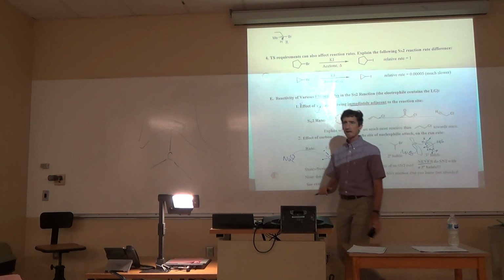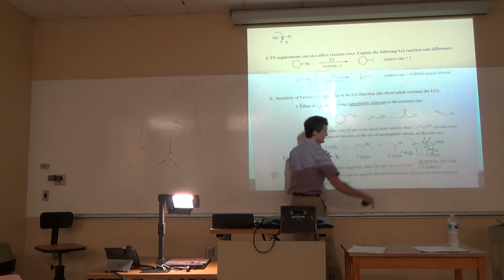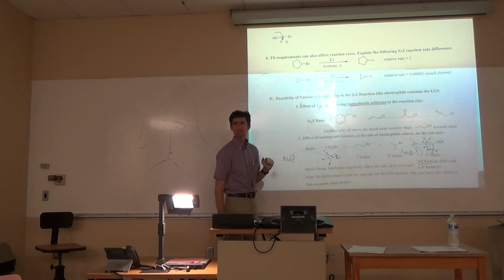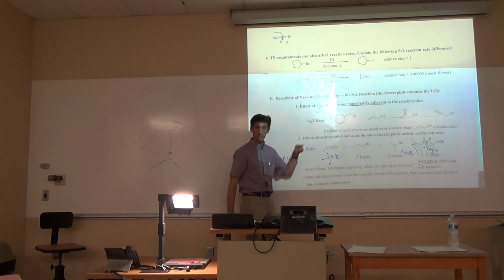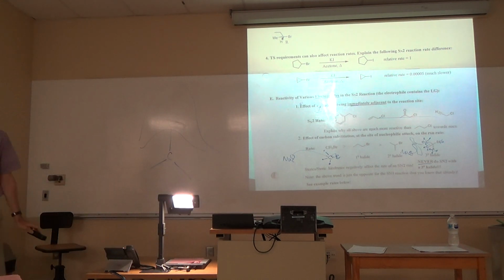Toxicity. Of these three, of these up here, which one do you think is most toxic? The first one. Yes. Because it reacts so easily with any nucleophile in your body. Because it has no steric hindrance. Methyl bromide's a gas. Because it's so small. Methyl bromide is used to fumigate, kill like roaches and rats and stuff.